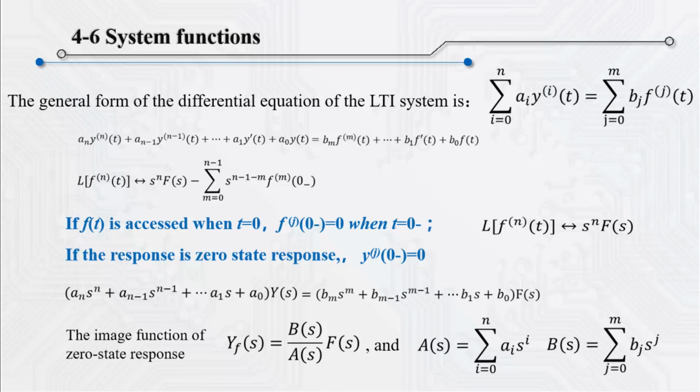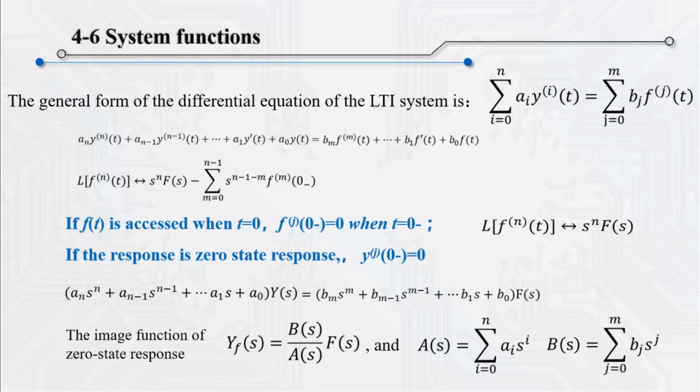The Laplace transformation of the n-order derivative of f(t) equals s^n times F(s), subtracting the sum for m equals 0 to n minus 1 of s^(n-1-m) times the m-th derivative of f(t) at t equals 0 negative.